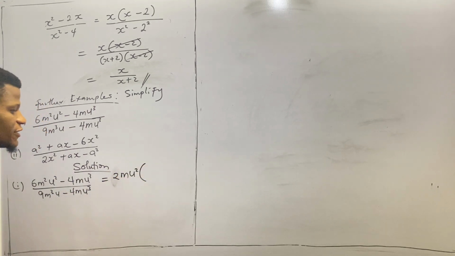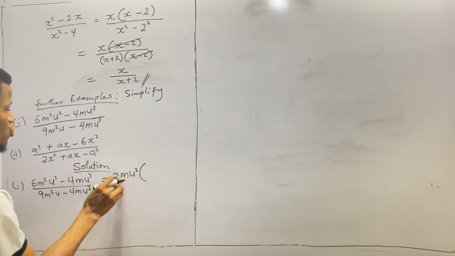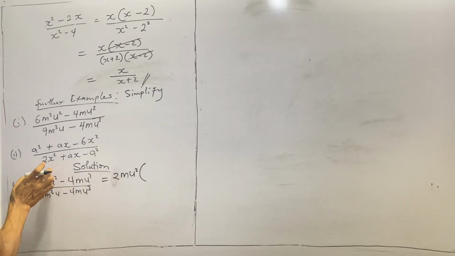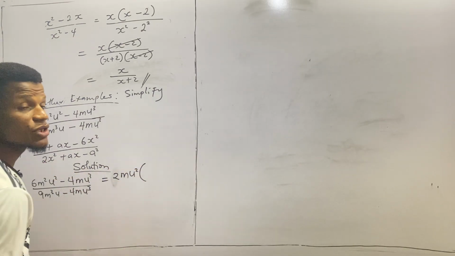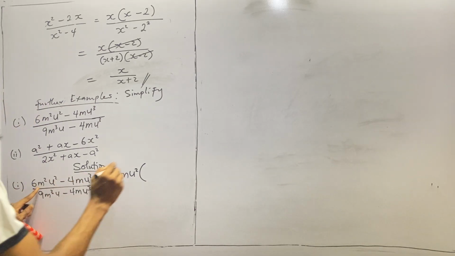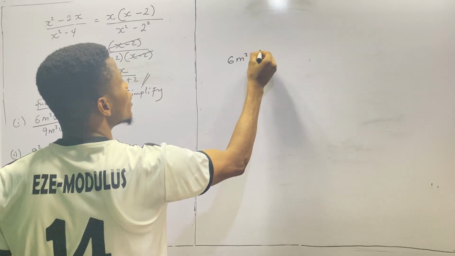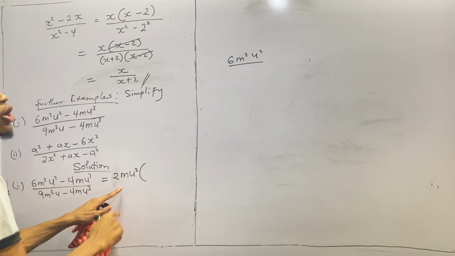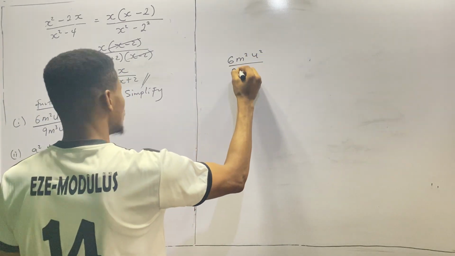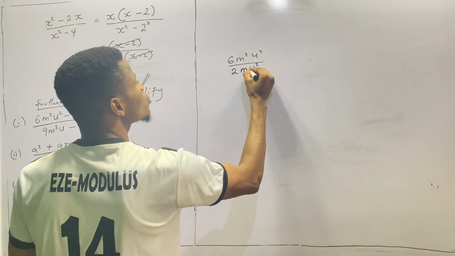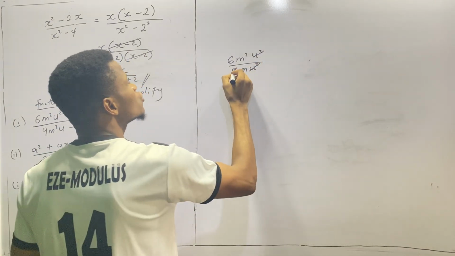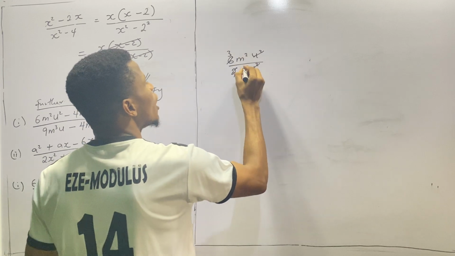So let's open bracket. So 2mu square is going to divide each and every one of these terms and we write their result here. So let's start with the first one. We have 6m square u square divided by the common factor, which is 2mu square. Of course, u square cancels out with u square. 2 here, 1, 2 here, 3. M here, 1.